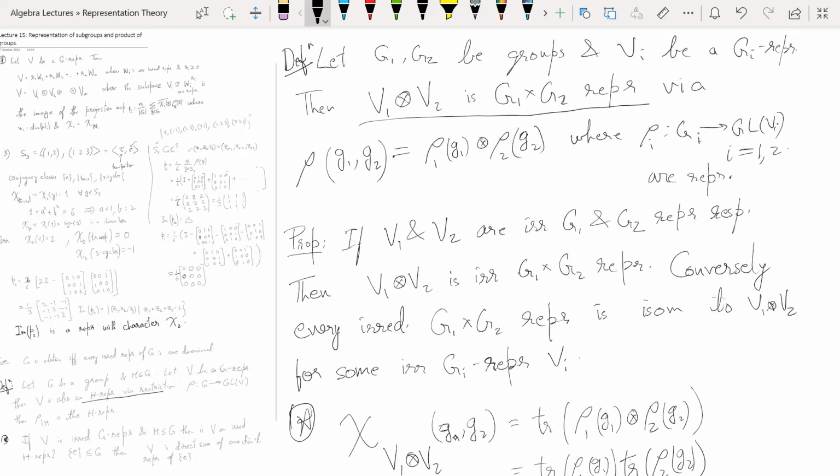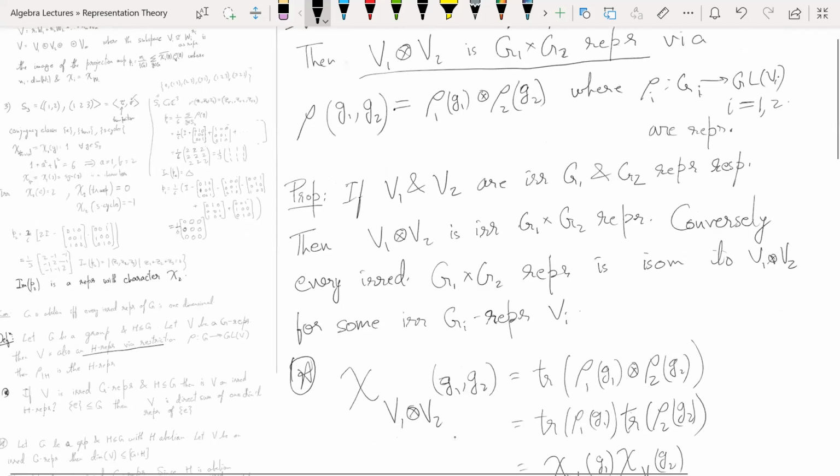In general, V1 tensor V2 we know, and rho 1 of G1 is a linear map from V1 to V1, and rho 2 of G2 is a linear map from V2 to V2. When you take the tensor product, you can tensor product the maps as well.